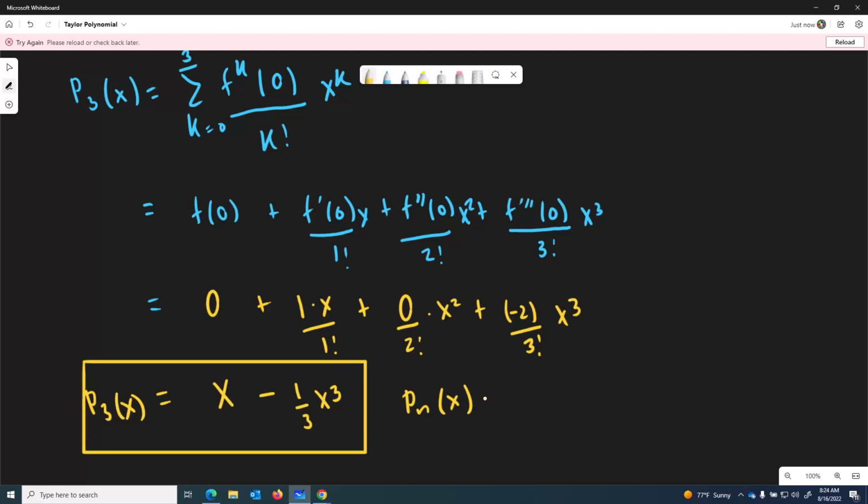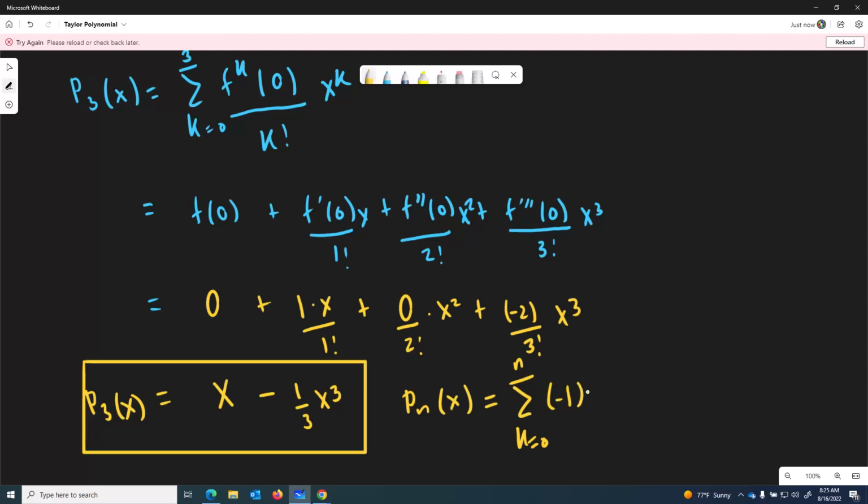of your polynomial for arctangent would be equal to the series summation from k equals 0 to n. And check this out. We're just plugging 0 into the nth derivative for arctangent, and see how you have a 1 and then a negative 1.